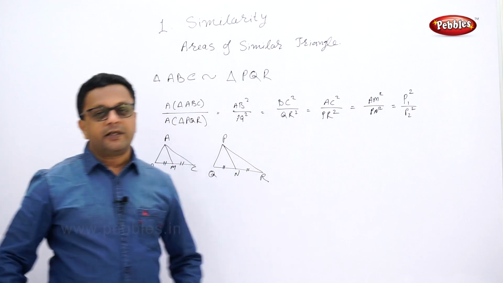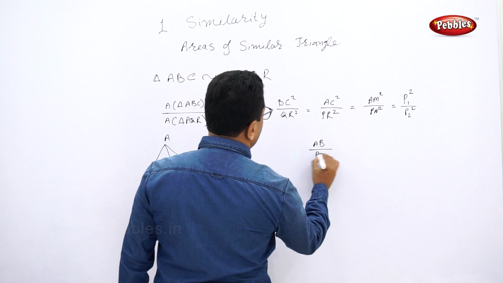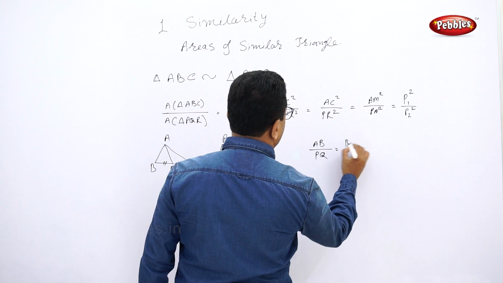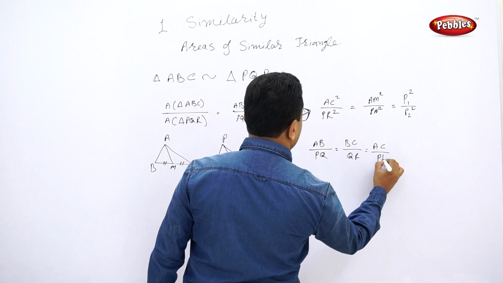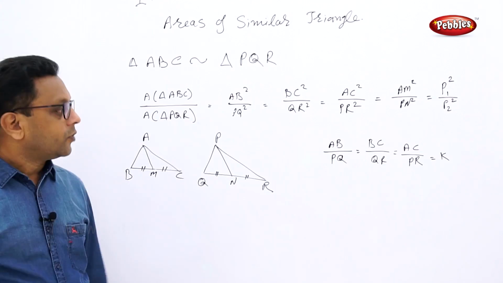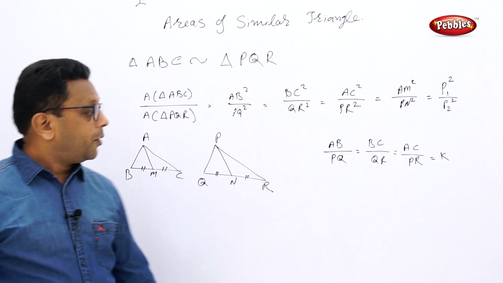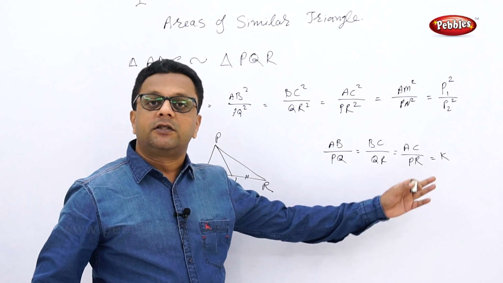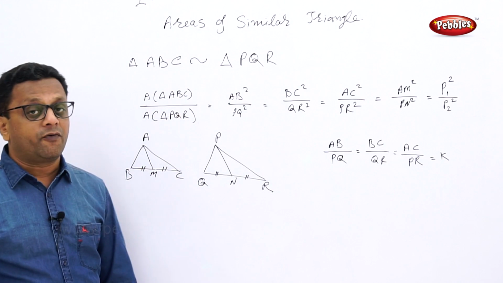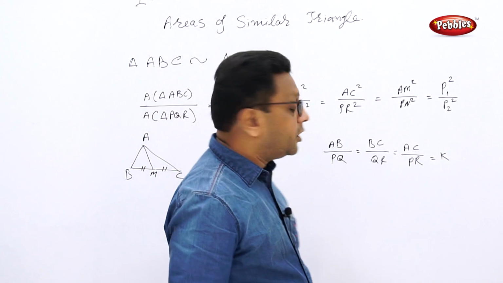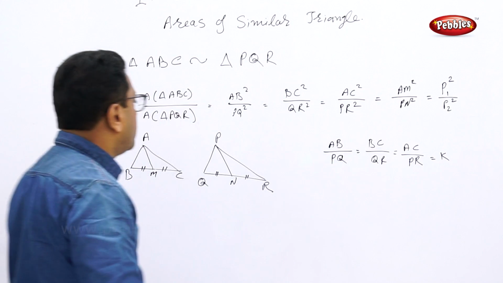Showing perimeter is very easy because we know that AB upon PQ is equal to BC upon QR is equal to AC upon PR is equal to K. Now we can easily show that by a theorem on equal ratios, AB plus BC plus AC upon PQ plus QR plus PR is equal to K, and hence this addition is nothing but the perimeter of triangle 1, and in the denominator it is the perimeter of triangle 2. So you have to remember this.